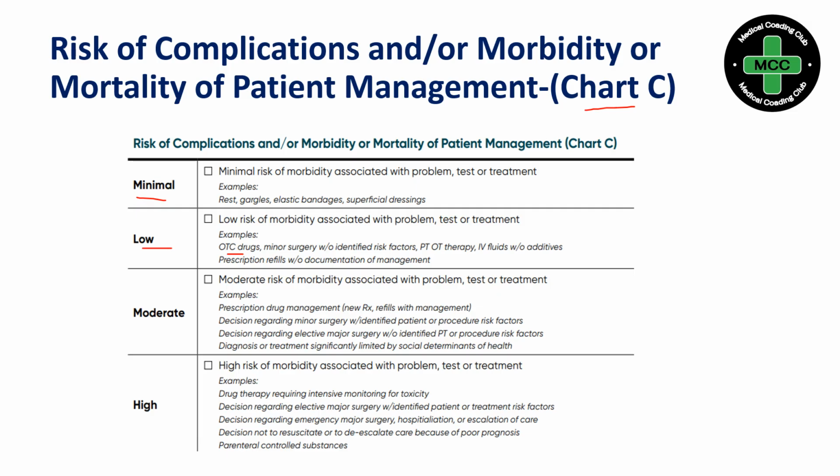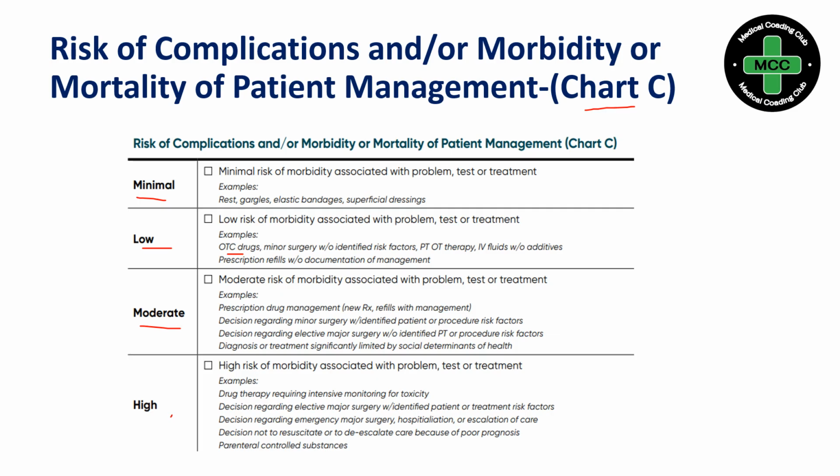If the provider is giving a prescription drug, Rx, then it will be moderate. If there are any kind of severe treatment plans, if the patient's condition is an emergency and major surgeries are ordered with identified risk factors, it will be high. So you have to check again from risk chart C what your level will be.